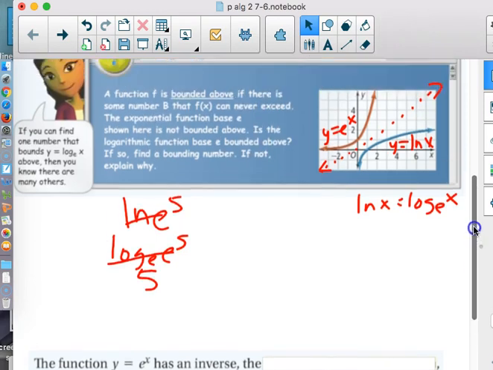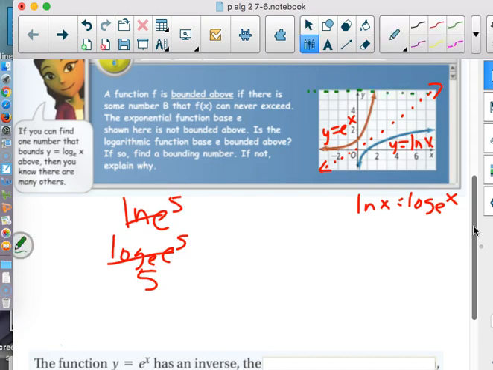So up here it says a function f is bounded above, we talk about this a lot, if there is some number b that f of x will never get higher than. So if our graph stops before it crosses some horizontal line, then it's bounded above. Pretty obviously, this arrow is telling us that this red graph, y equals e to the x, is not bounded.